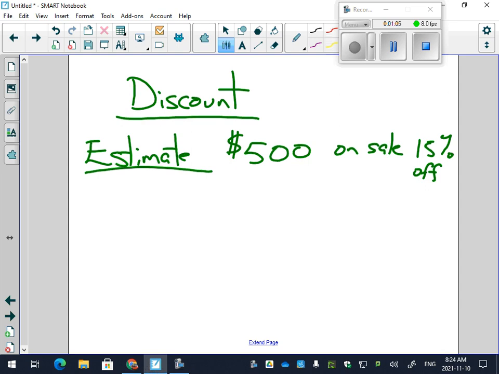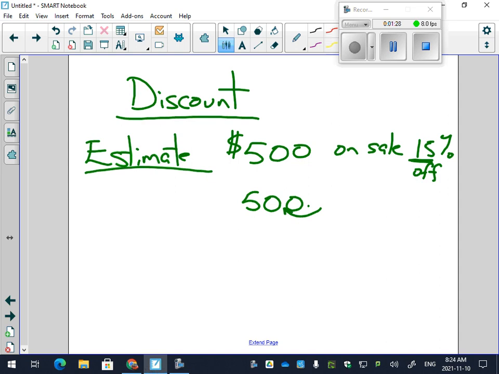And yesterday, with tax, we used 10 as our start and then did something to it to get to that 13%. And it's the same with today. Let's start estimating what 10% of 500 is. Remember, when you take 10% of a number, you just move the decimal place one spot over.